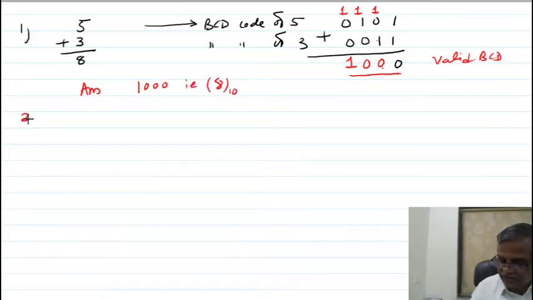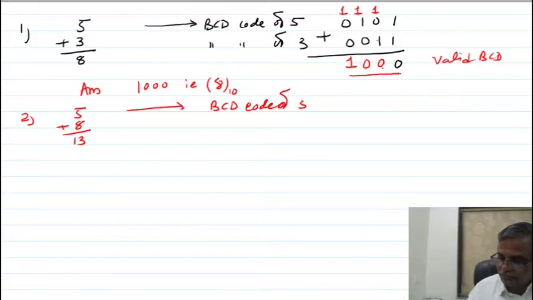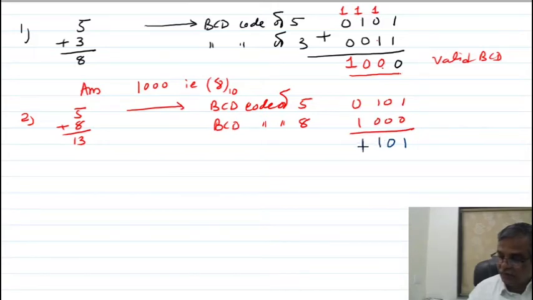Now let us see the second, 5 plus 8. For this I am writing BCD code of 5, 0101, BCD code of 8, 1000. The sum is 1011.